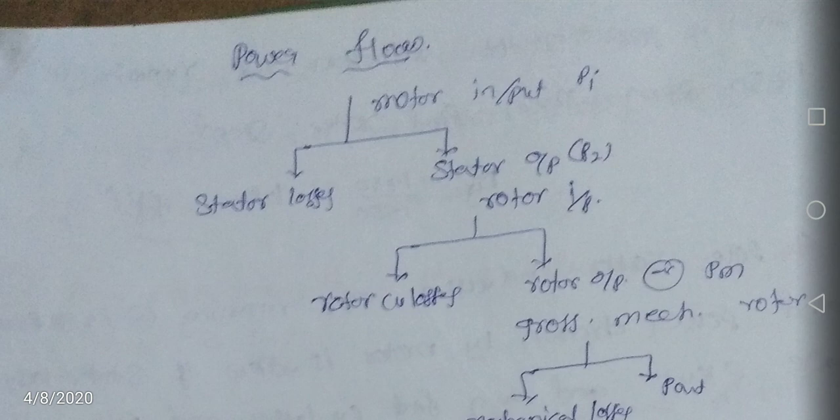Next, after the power is wasted in the stator losses, the remaining power sent out by the stator is called the stator output power. The stator output power is also called P2.